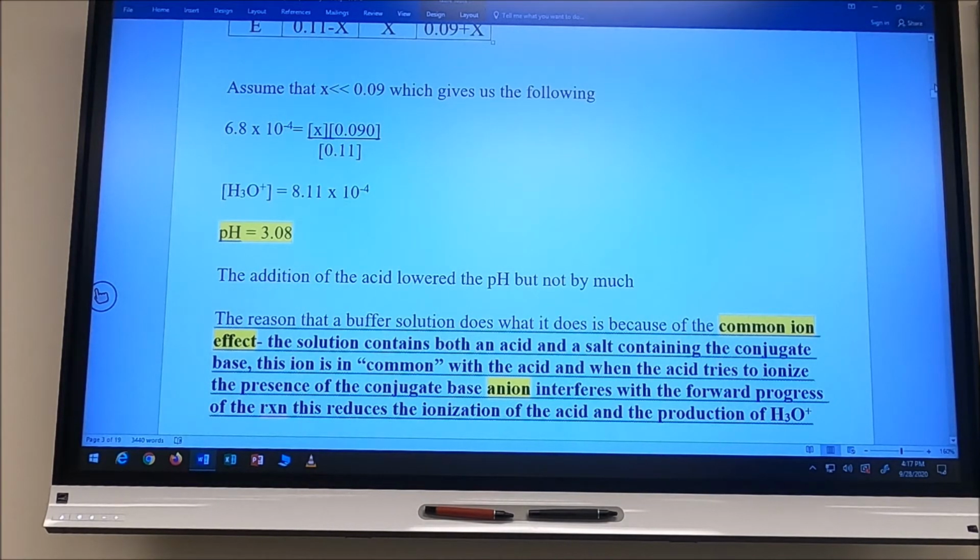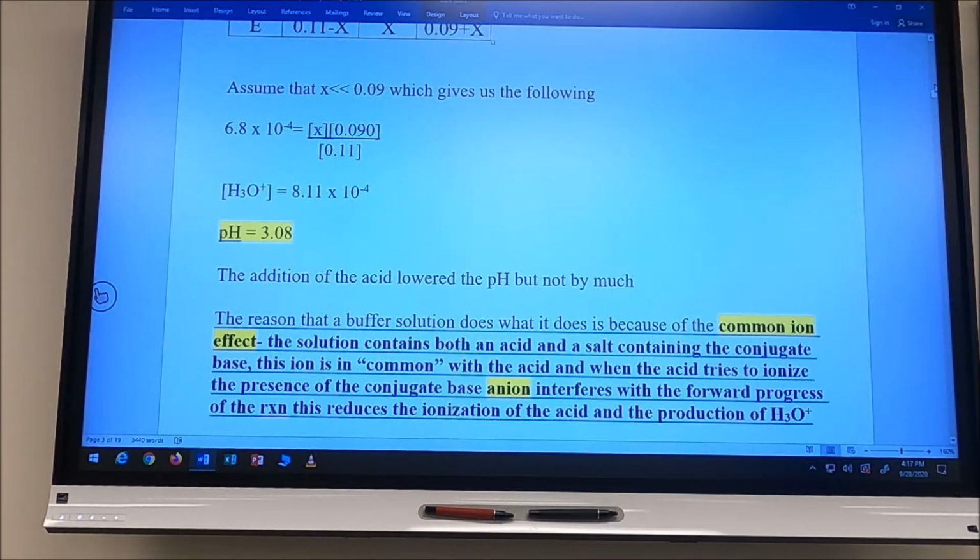Now, the reason a buffer solution does what it does is because of the common ion effect. The solution contains an acid and a salt that contains a conjugate base that is common with the anion produced by the acid when it ionizes in water.